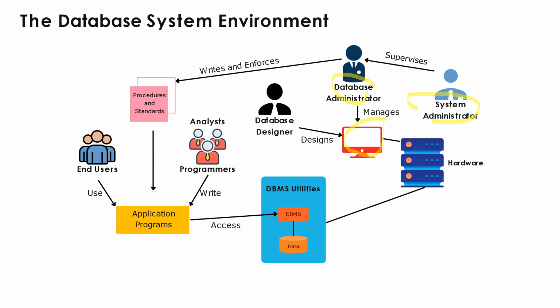They are also writing and enforcing the procedures and standards that need to be followed by the end users and the analyst programmers. Now, the in-house application programs that are accessing our database are connecting to the DBMS utilities, and of course, our database should be designed by a database designer.